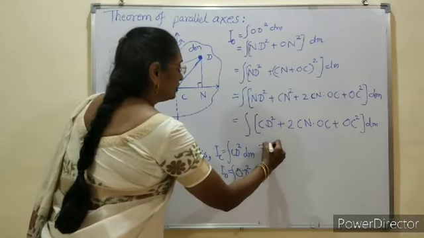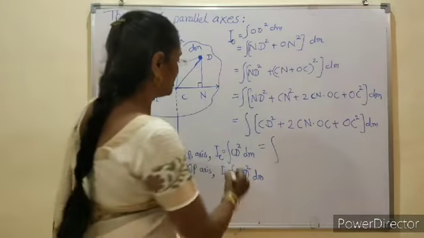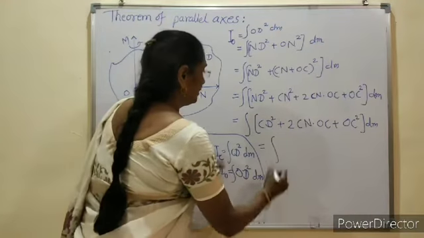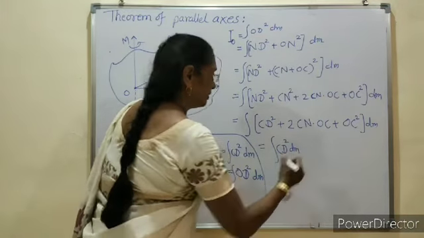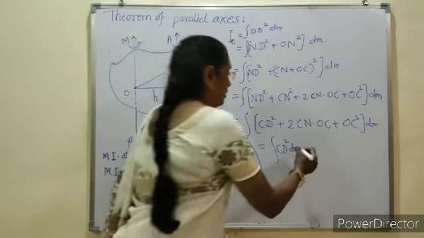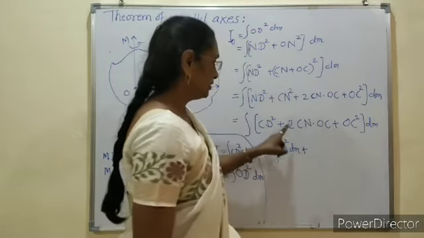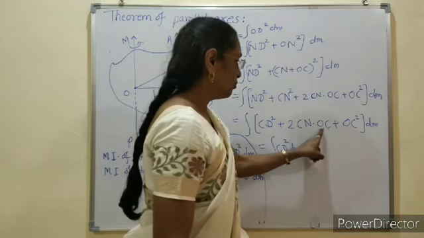Now we write the integration in this way. Integration of CD square into dm is the first term, plus twice CN into OC.